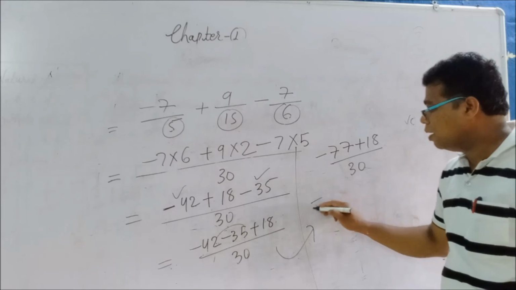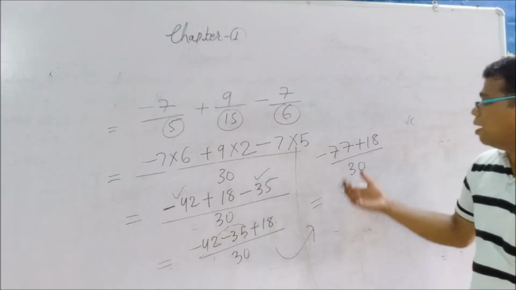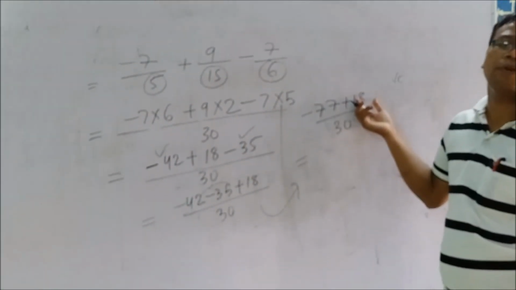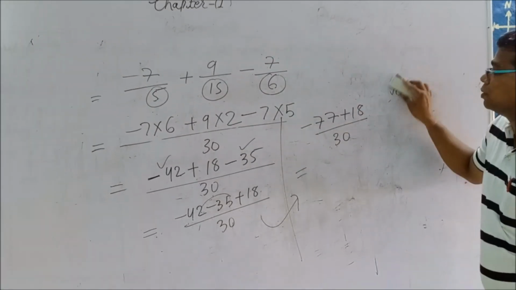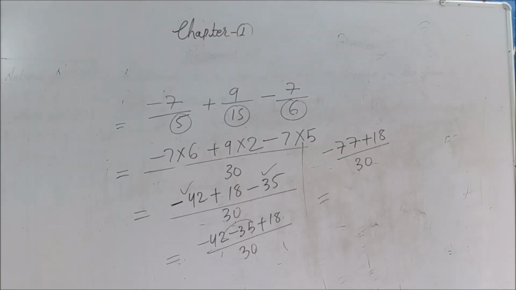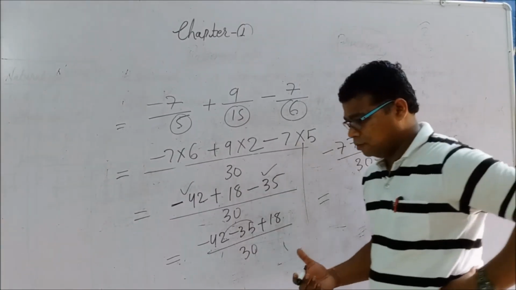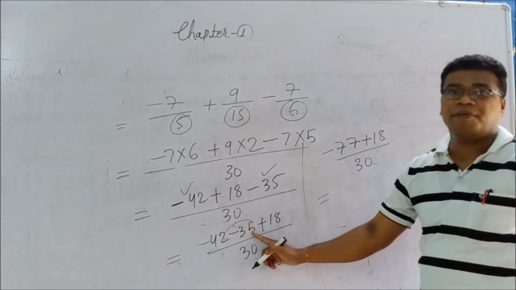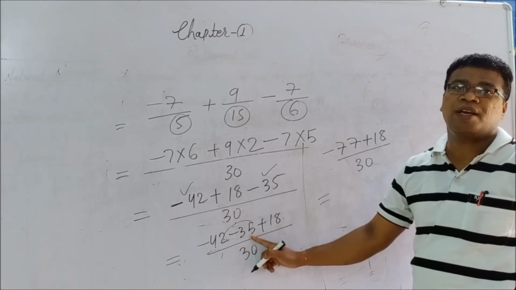30. And after that you can see minus 77 is the negative integer, 18 is the positive integer. See here, minus 42, minus 35, both negative integers we have to add.